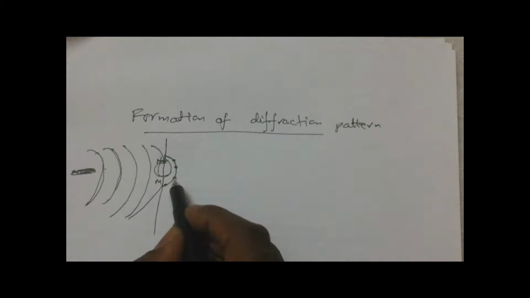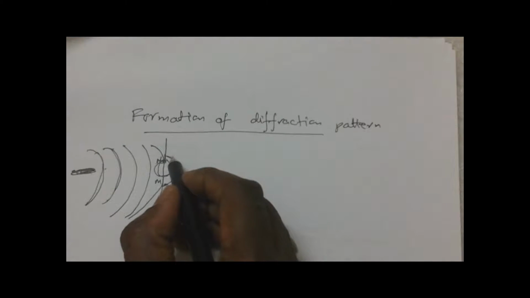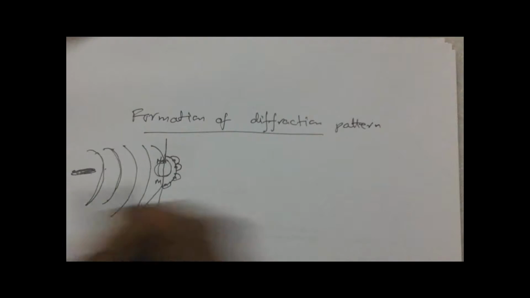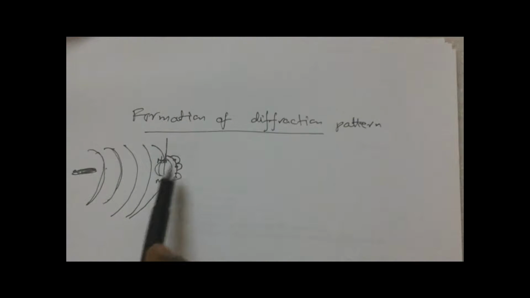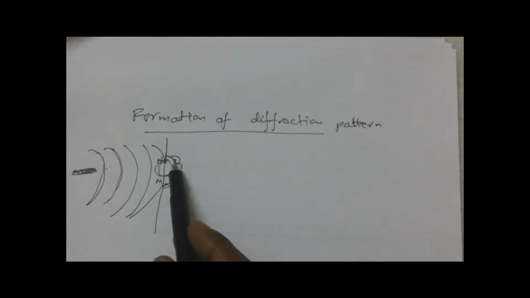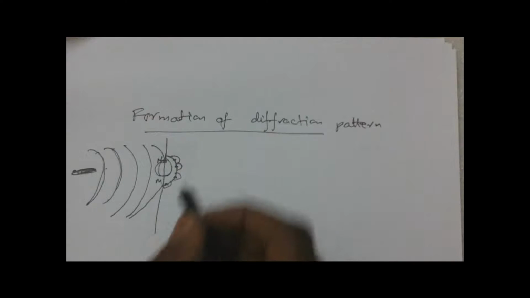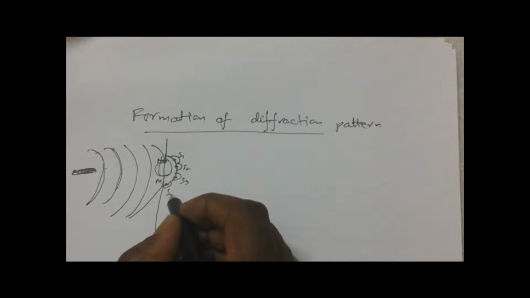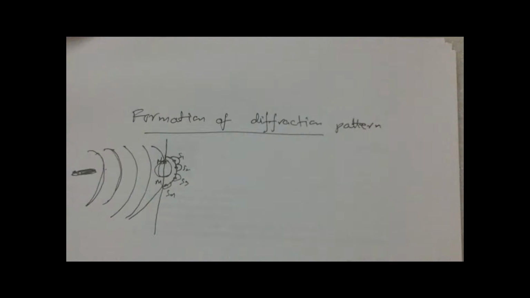Each point acts as a secondary source of light like this. So 1, 2, 3, 4, like this, so many secondary sources are present: S1, S2, S3, Sn, n number of secondary sources.